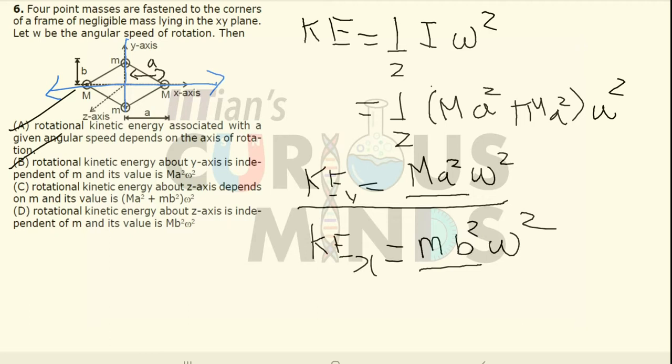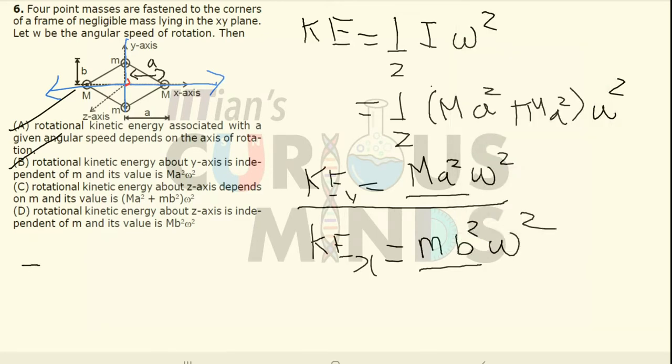Let us see option C. The rotational kinetic energy about the z axis depends on m, and its value is equal to (m a square plus m b square) into ω square. Let us take an axis which is perpendicular to both of them, that is the z axis. The kinetic energy will be half into the summation of m_i r_i square into ω square.